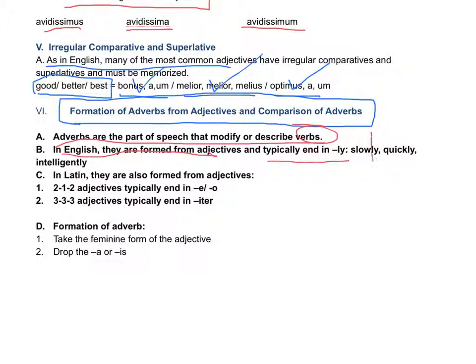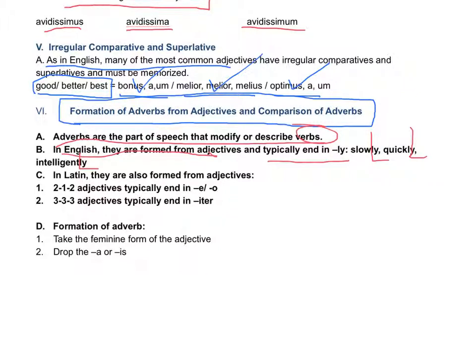The adjective slow becomes slowly. And really, if you're going to speak proper English, you should say that he walks slowly, not he walks slow. Same thing. Quick is an adjective that becomes quickly as an adverb. Intelligent becomes intelligently. He does the work intelligently. That's the adverb that modifies a verb.